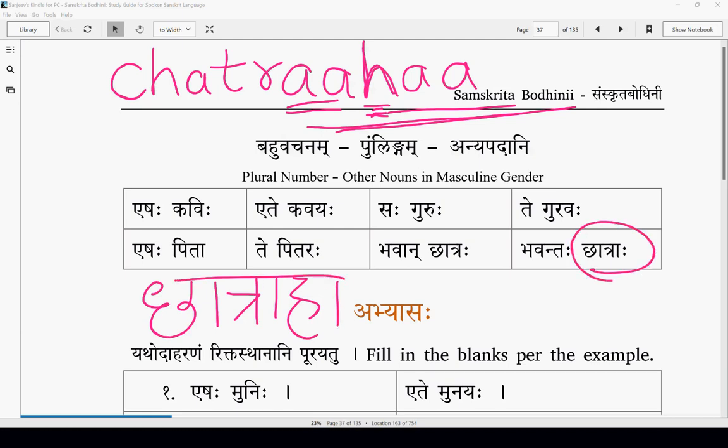And this one, there is a difference. That is why we are writing differently here. Chatra ha. So this is different. When we say chatra, there is a difference there. Chatra. So it is like a soft breath coming out, released here. Chatra. But here you want to say ha, chatra ha. You are writing ha.